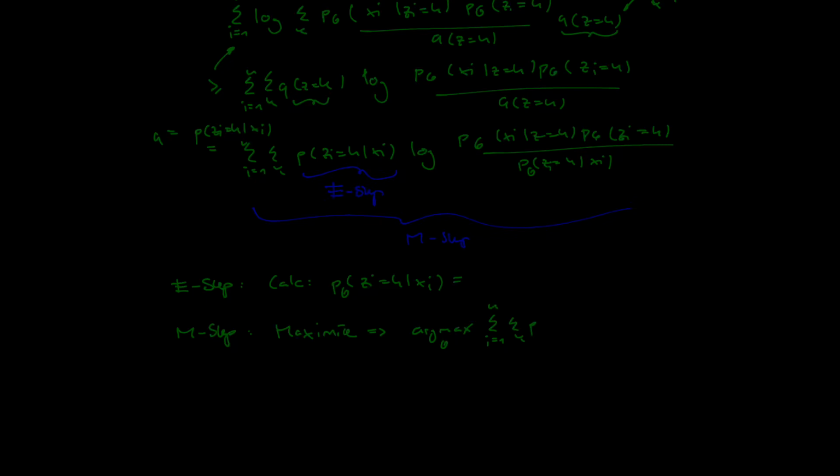Here normally this gets rewritten in some fashion, for example like this, or a lot of people use this, so it does not really matter. I will use this one here. So let's use gamma_ik, and then the log, because it just symbolizes that this is now constant.